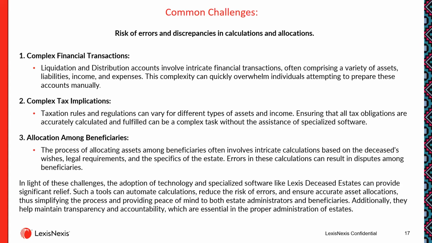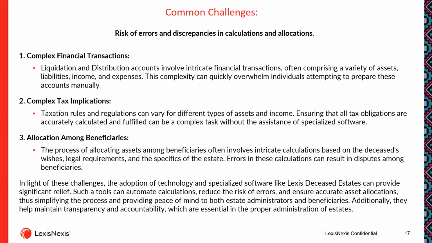We also have tax implications like capital gains tax, and of course our estate duty tax, which is a very difficult calculation that often results in a very complex task that can easily be sidestepped with specialized software. And of course, our allocation amongst beneficiaries as well.